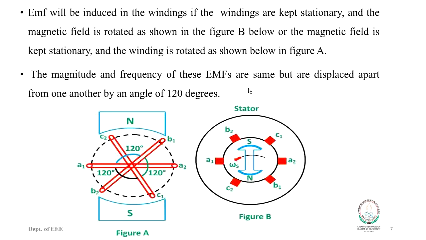So, to generate an alternating voltage, a coil is to be rotated in a magnetic field, or the coil is kept stationary and the magnetic field should be rotated.